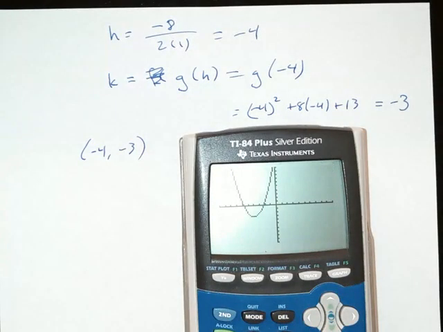And I see exactly as we predicted. When I put in negative 4, my y value is negative 3, and I am at the vertex of that parabola. I could also do the completing the square process, which would give me the h and k in the square complete form.